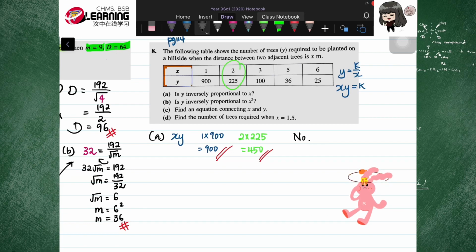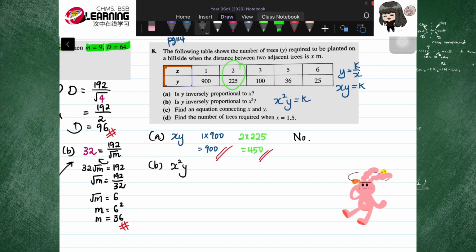How about part B? Is y inversely proportional to x squared? Now you need to find x squared times y equals k. You find whether all of them are the same k or not. So here you have to find x squared times y.